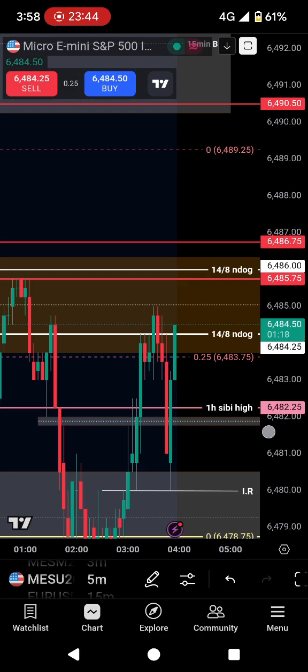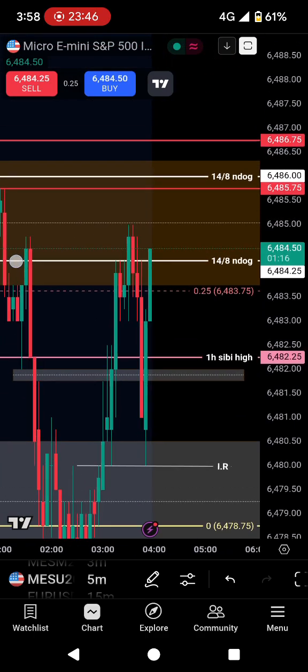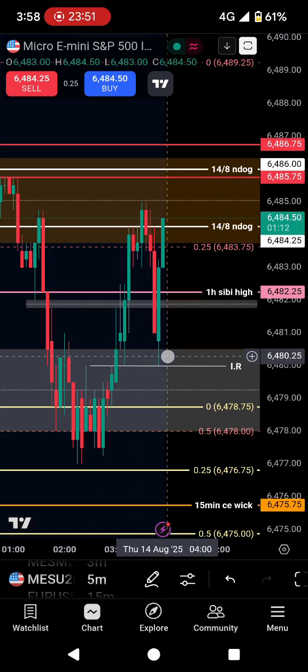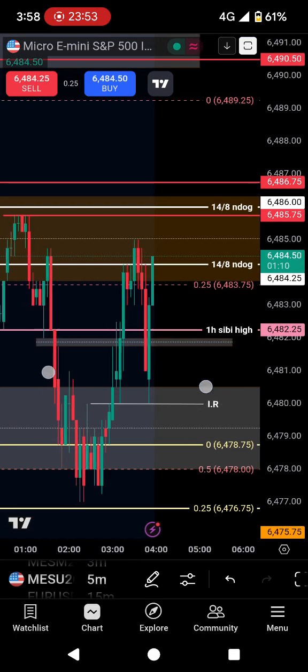So potential relative figure high buy side there. 30-minute immediate rebalance here.